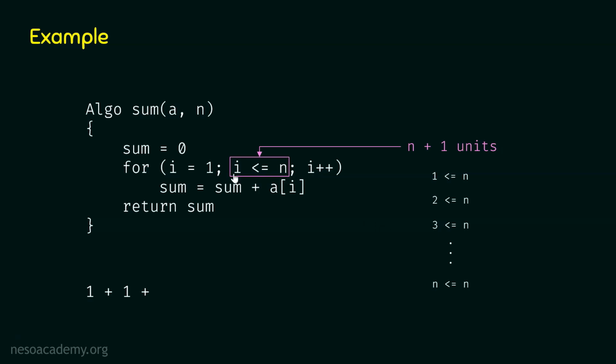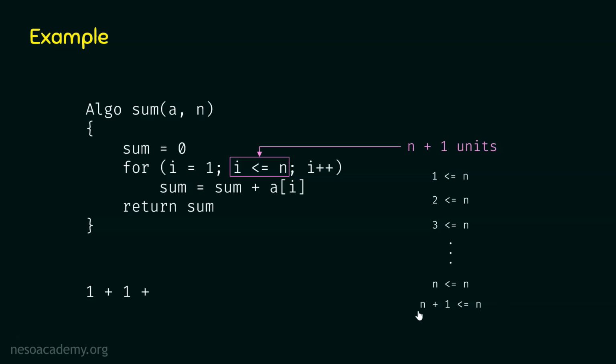But we know n is equal to n, it is not less than n. Still the condition is true, and hence the statement inside the for loop, that is sum equal to sum plus ai, will be executed. And I is incremented by 1. We know I is n, and n plus plus is equal to n plus 1. So the next condition check is n plus 1 less than or equal to n.